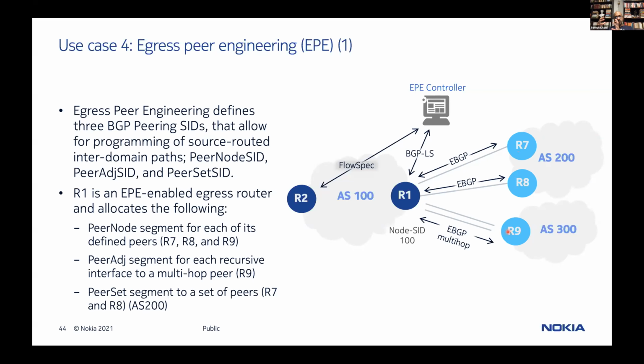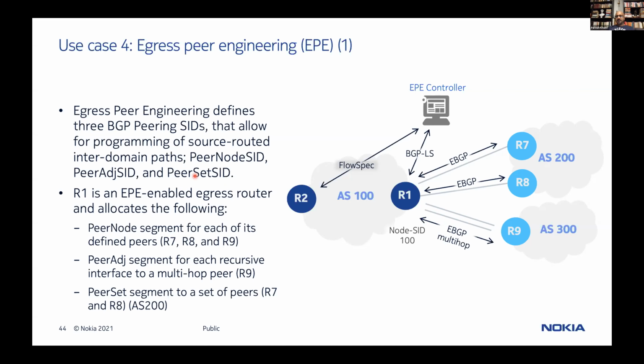It's a segment that identifies a BGP peer. Now you have the concept of peer adjacency SID as well. For peers with whom we have just a single link, that's not very useful. But in a multi-hop BGP scenario, it is useful because it helps to distinguish between the two different links that we have. So there'll be a SID that identifies each of these links.